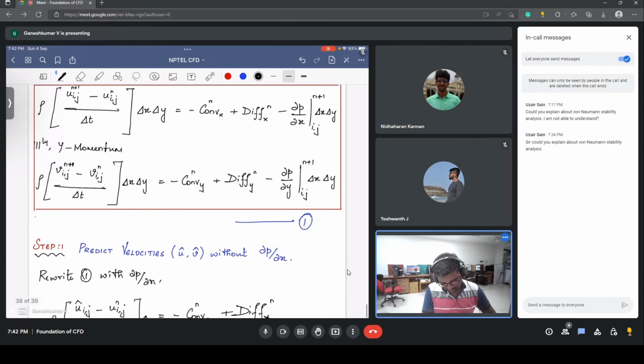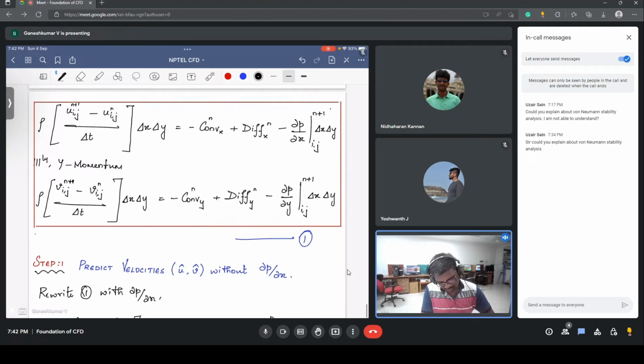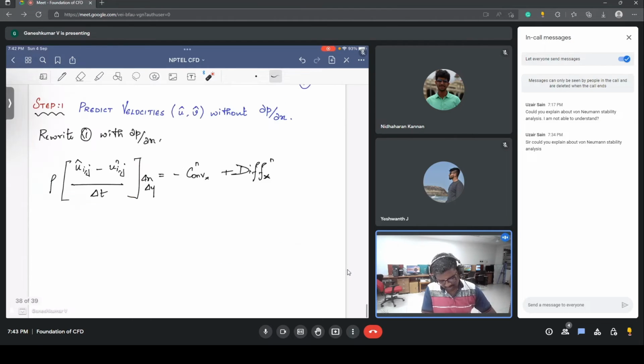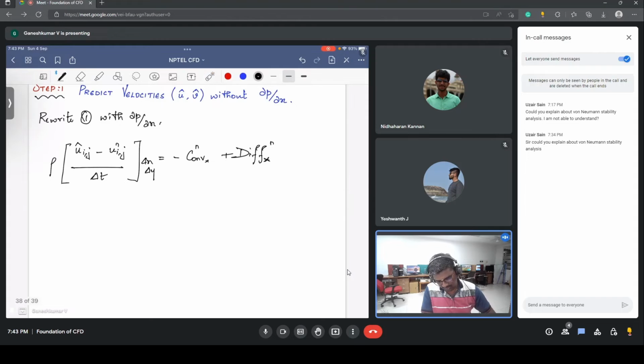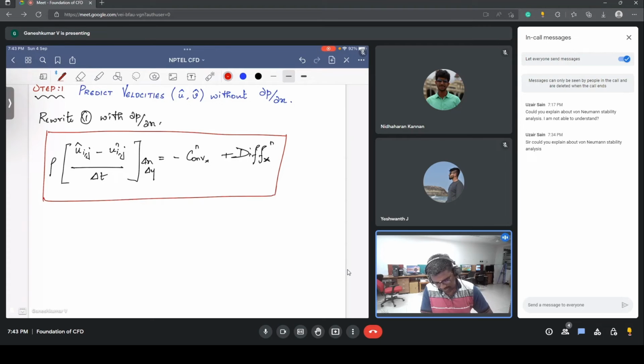If we look at this, we just removed the pressure gradient, and we replace this n plus 1 with a predicted velocity. Now this equation can be solved, right? So this equation can be solved to get the predicted velocities. Similarly, you can write for v cap.